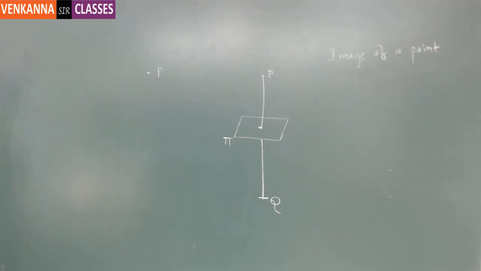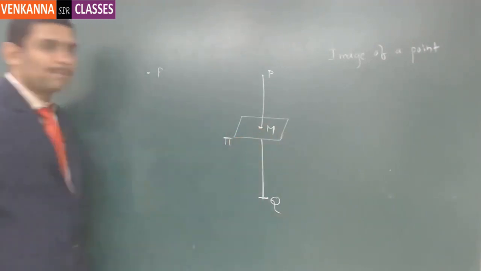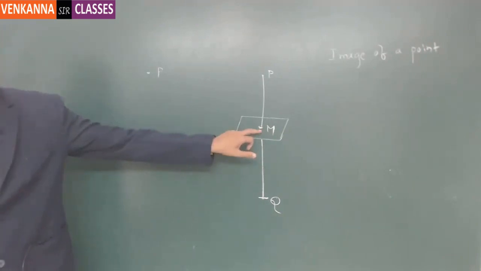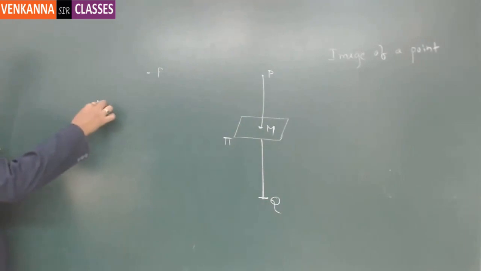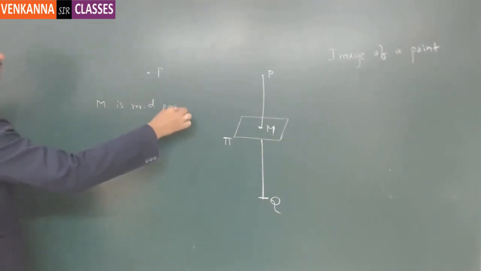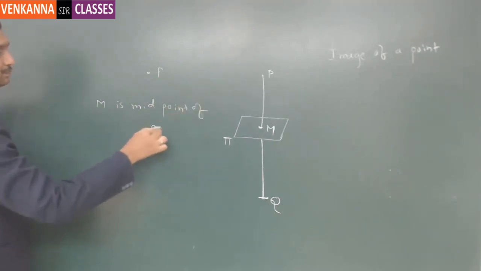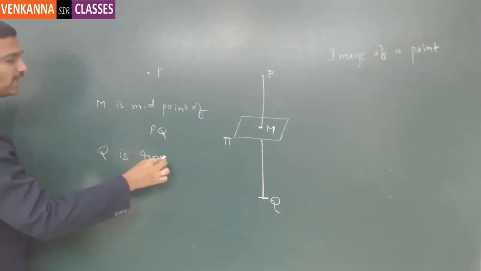From P you draw a perpendicular line which passes through the plane. You extend that line to a point Q such that if this is the foot of the perpendicular, it is nothing but the midpoint of these two. And we say that Q is the image of P.